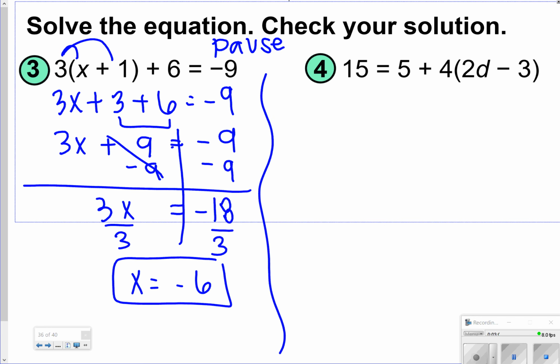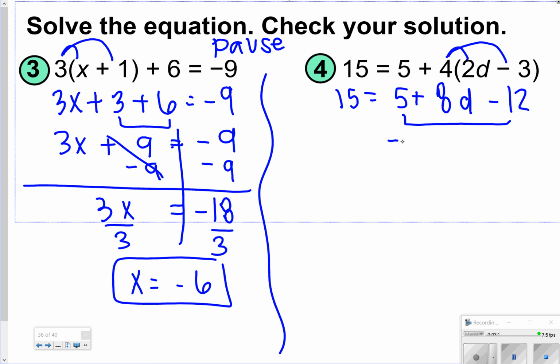Over here, I've got a 4 being distributed, so nothing here at first is going to change. The 15 is equal to 5 still remains the same, but the 4 times 2d, that's going to give me 8d, and 4 times negative 3 is negative 12. I'm going to combine my like terms real quick. The 5 and negative 12 make negative 7, so negative 7 plus 8d is equal to 15, and then I'm going to add 7 to both sides.